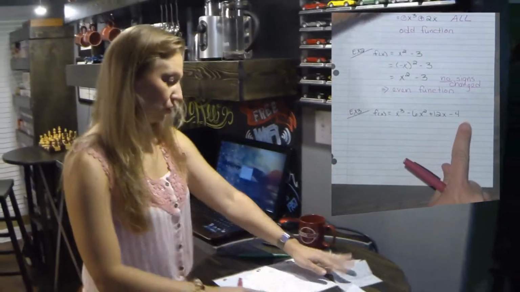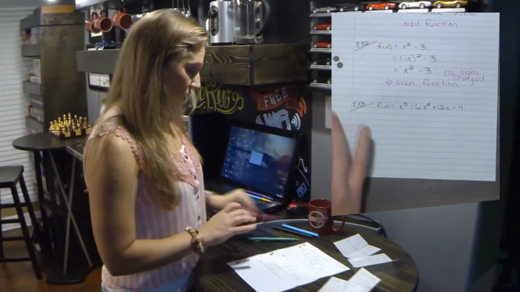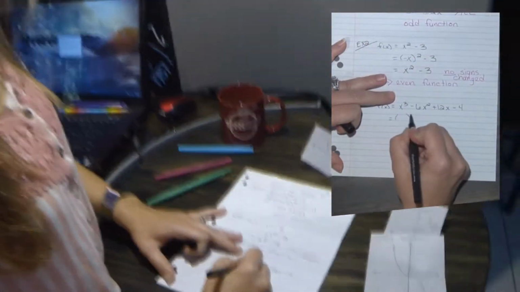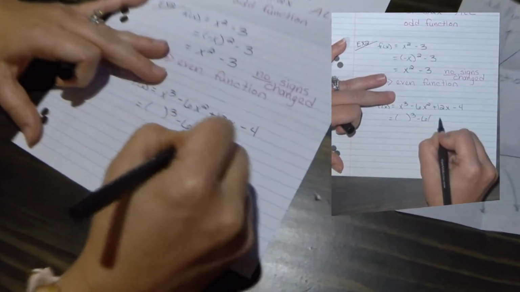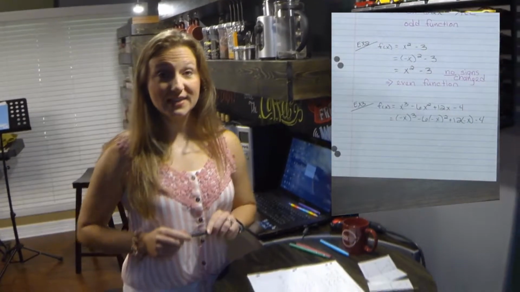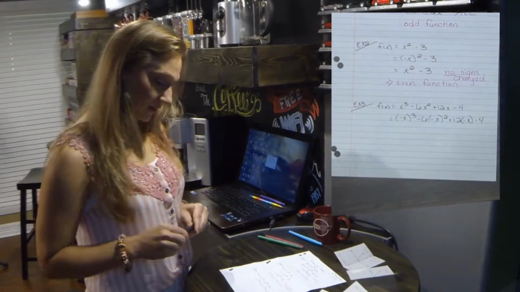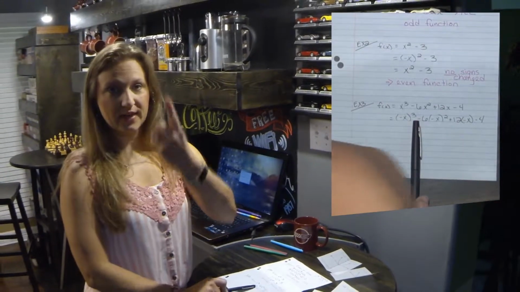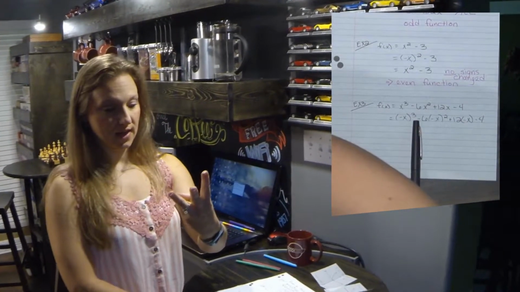Look at all those terms. So again, we're going to do our test. We are going to plug in negative x for all x's. So I'm going to plug in negative x, negative x, negative x. Now we're going to simplify it down and see what happens. So for the first term, I have negative x cubed, negative x times negative x times negative x.